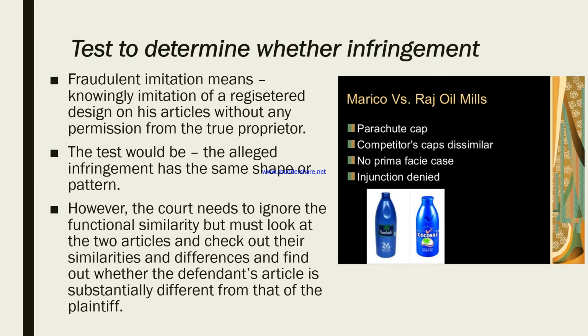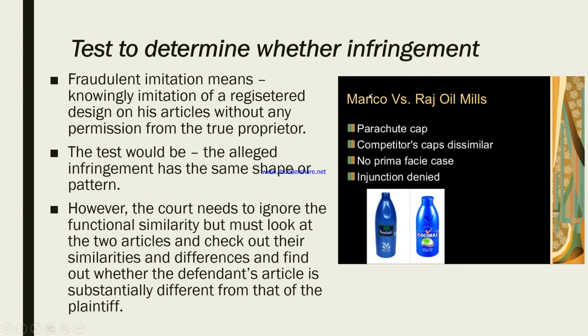We have to see whether both products are the same in pattern, apart from the basic functions of a particular product. The court needs to ignore functional similarity but must look at the two articles, check their similarities and differences, and find out whether the defendant's article, that is the person who has committed the piracy, is substantially different from that of the plaintiff.